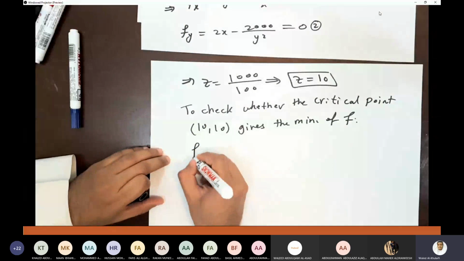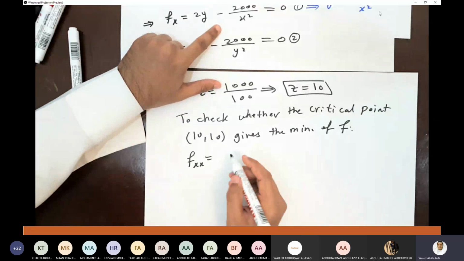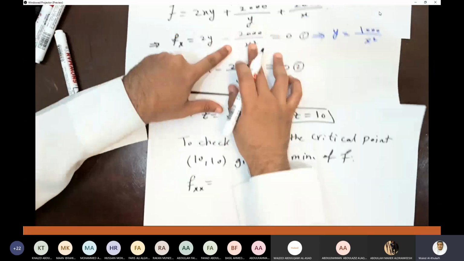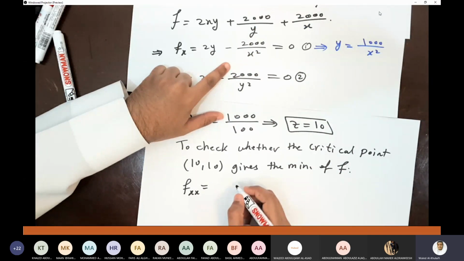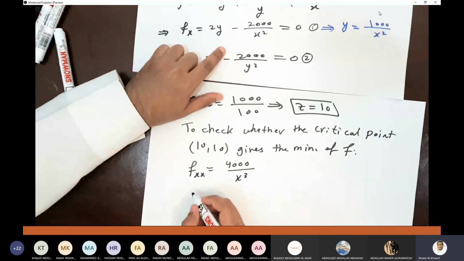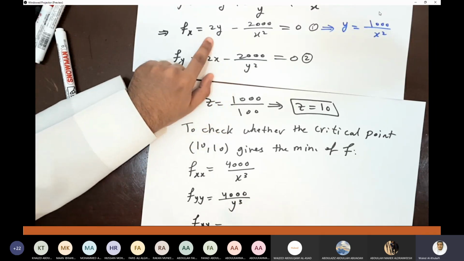Check the D. What is fxx, Shabab? What is the derivative of this one? Come on, anyone? 4000 over x cubed, excellent. And we have fyy, the same way. And fxy, when you differentiate this with respect to y, you will get only 2.